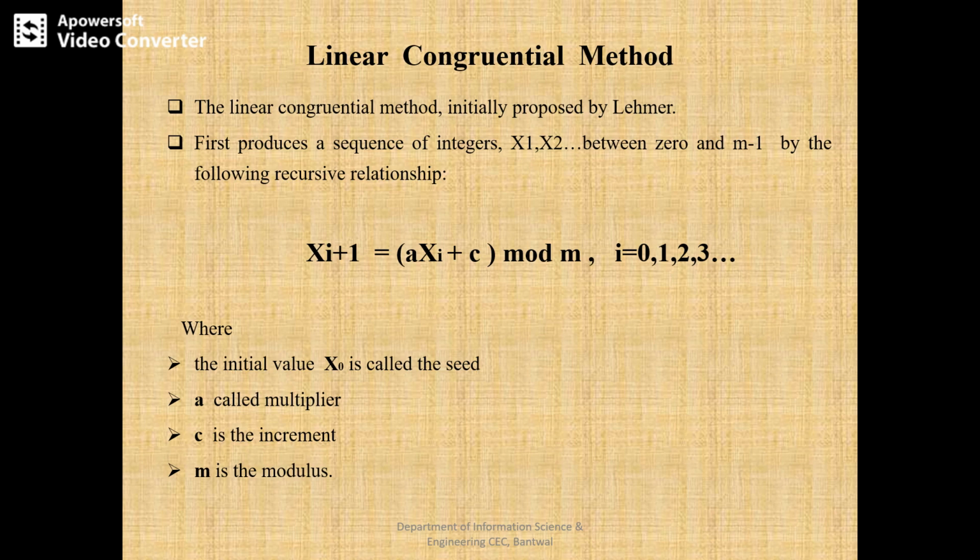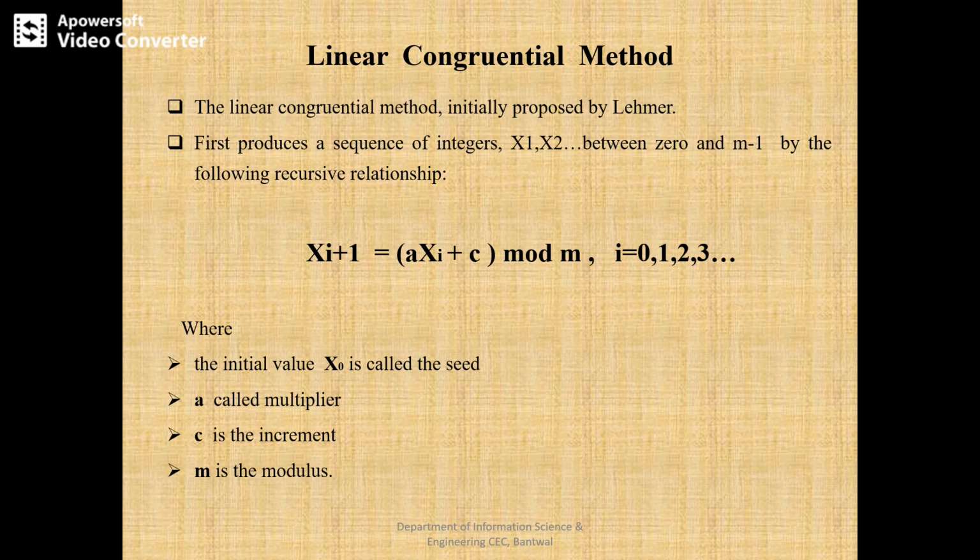This relationship is called an equation: X of i plus 1 equals a times Xi plus c, modulus m, where i starts with 0, 1, 2, 3 and so on, and the initial value X0 is also called the seed value. a is called the multiplier, c is called the constant increment, and m is called the modulus.